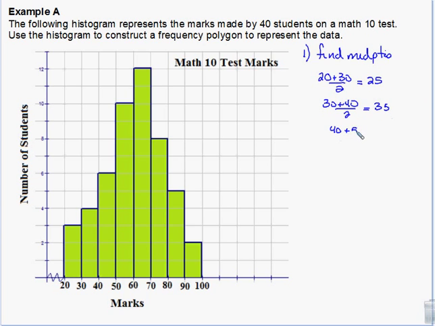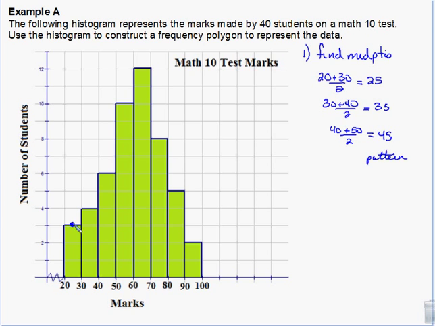And then 40 plus 50 divided by 2 is 90 divided by 2, so that's 45. And do you guys see the pattern? There will be a pattern, and it will become apparent pretty quickly in these because the bins are all the same size. So your midpoints are going to match a pattern.